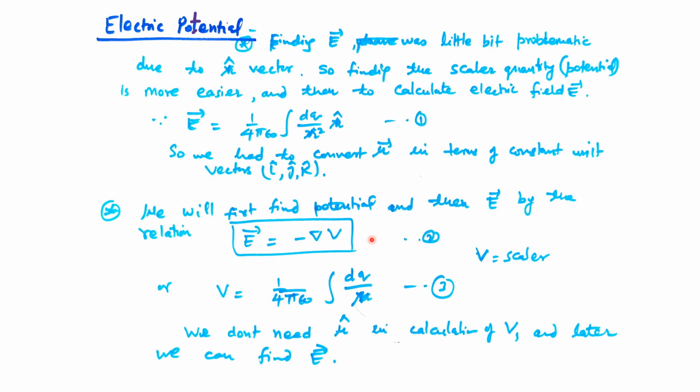So to find the electric potential is easier, because in case of the potential we have 1 upon 4 pi epsilon naught dq by r, so there is no r cap or r vector, and if we can find out the electric potential, then we can easily find out the electric field using the negative gradient of potential. So in some cases we will find the electric potential first and then the electric field.